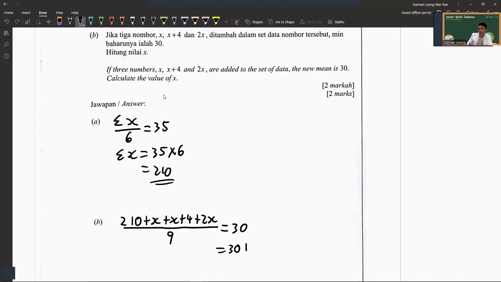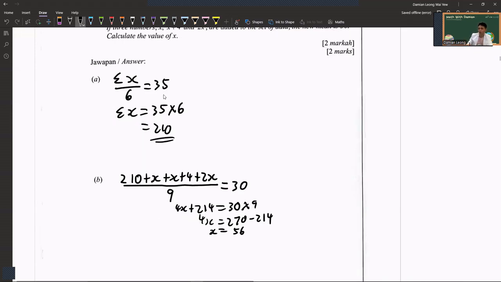So 30 times 9 is x plus 2x is 4x plus 210 plus 4, 214. So 4x is 270 minus 214, which is 56. Then divide by 4, x is 14. That's the value of x. That's for question 3.